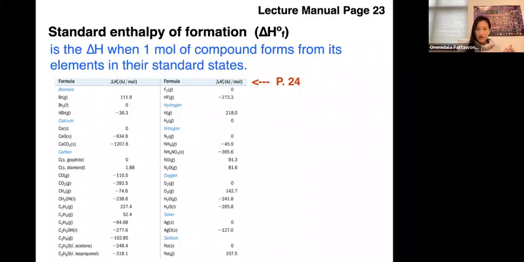Those elements that compose the compound, in their standard state, are the ones set equal to 0.